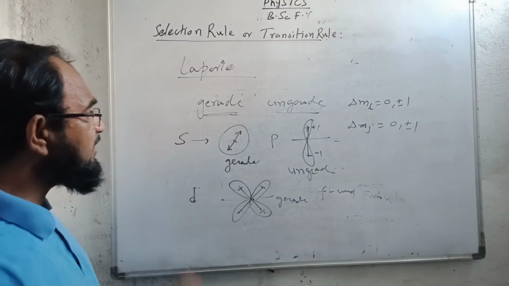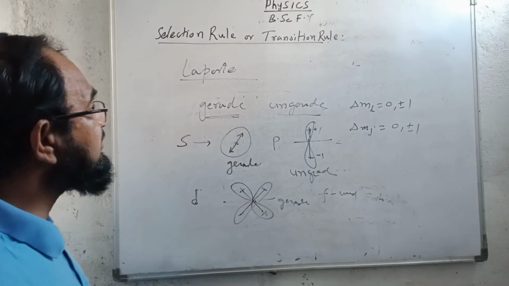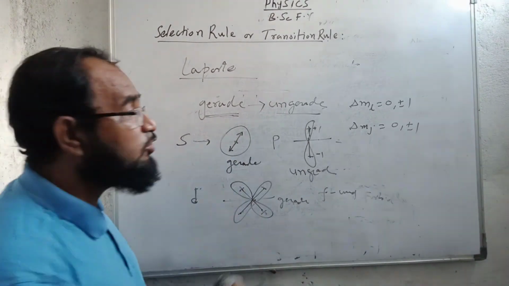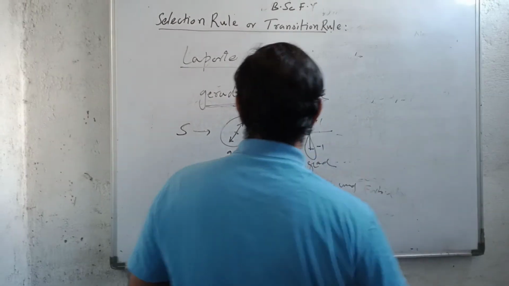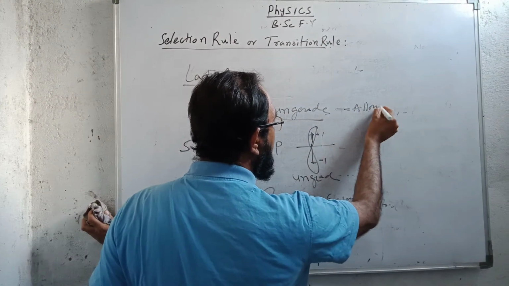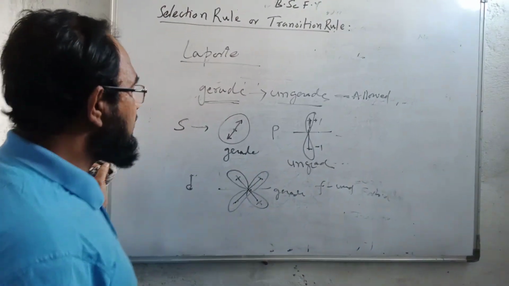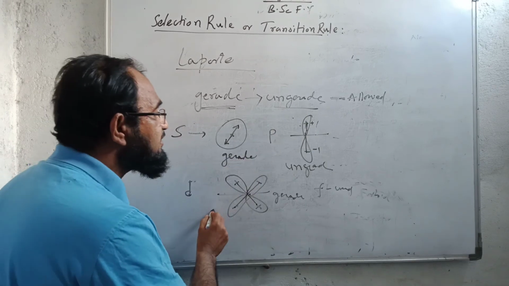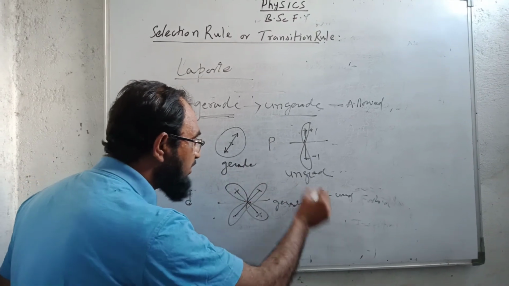So Laporte said that gerade to ungerade transitions are allowed transitions. Means S to P is allowed, P to D is allowed, D to F is allowed.